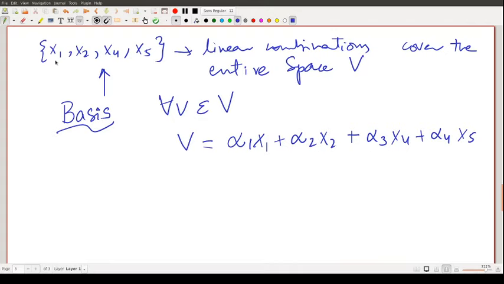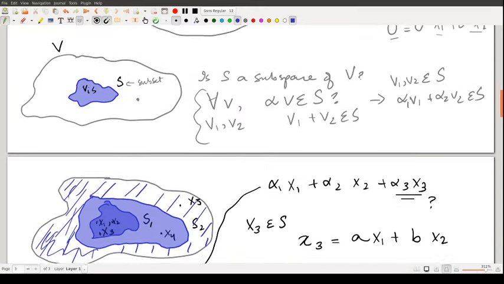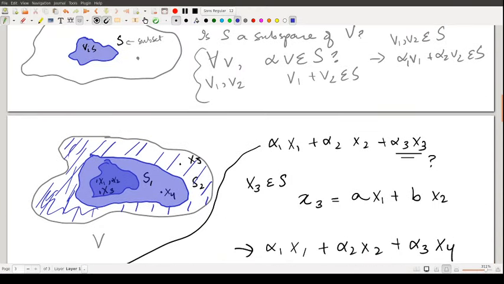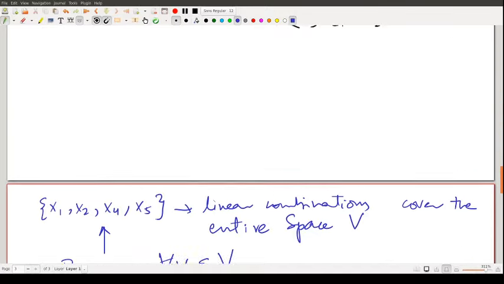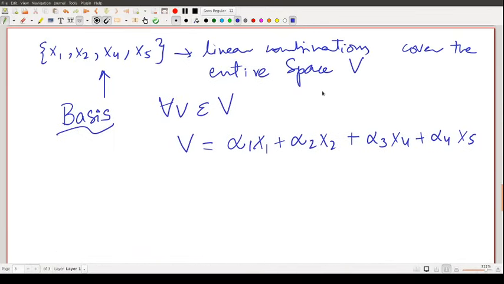When you take a bunch of vectors such that taking all possible linear combinations of them will cover your entire space, then you have a basis for your space. And so this is where the idea comes from that your basis set needs to be linearly independent, which we just saw in cases of x4 and x3, and that it should span V.